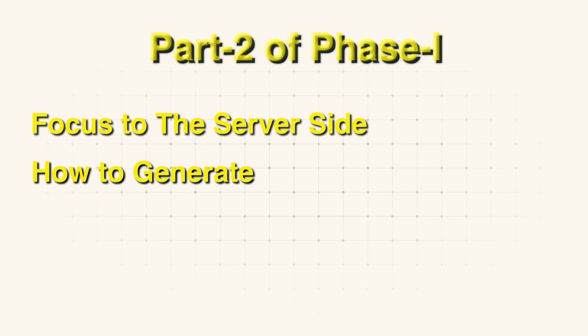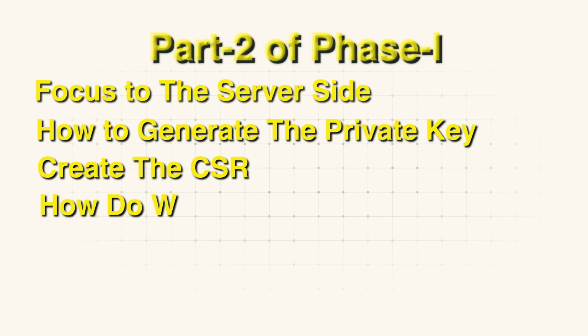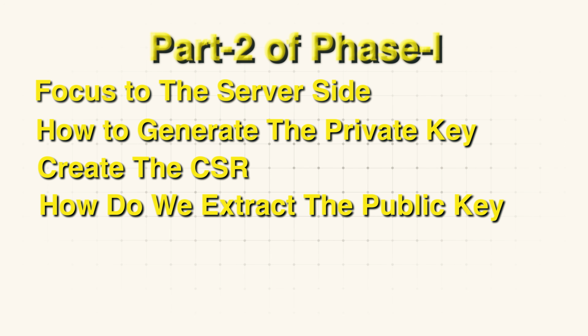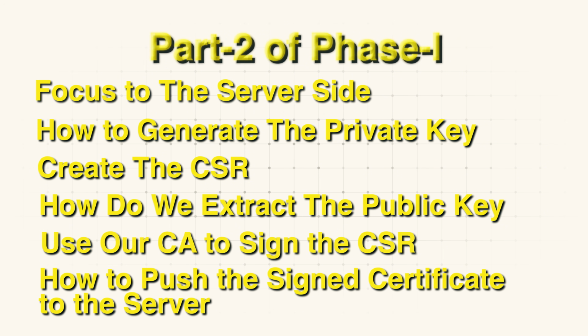We'll talk about how to generate the private key and create the CSR. If you don't know what that means, don't worry about it yet. We'll talk about it in the next video. We're going to talk about how to extract the public key from that, how we're going to use our CA to sign the CSR, and finally, how to push the signed certificate to the server to ensure our communication is encrypted in transit.